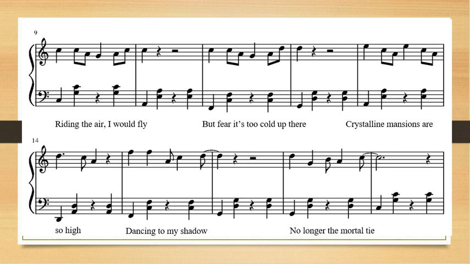So I changed the order of words, because if I say crystalline mansions are so high, but fear is too cold up there, then the words can't be matched with the music very well. So I had to make some arrangements, amendments. And no longer the mortal tie, dancing to my shadow, is the same logic.